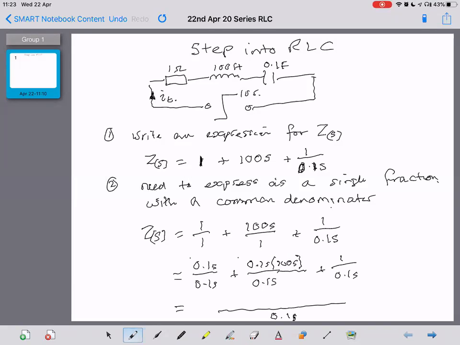Here is 0.1S plus, and then this multiplies out, 0.1 times 100 is 10, so that becomes 10S squared, plus 1.